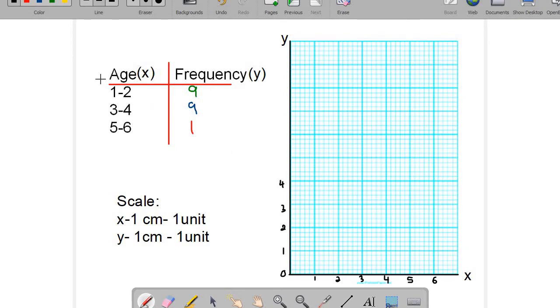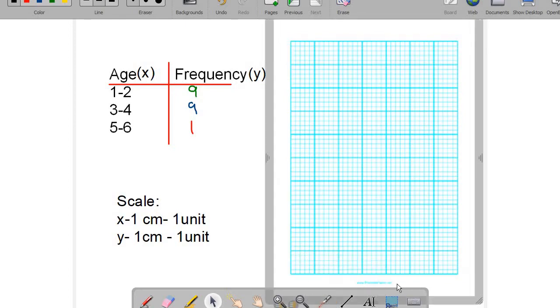I know that all of these values can be found on my mistake here. Your x-axis should have the classes or boundaries. What I meant to put on the x-axis was the class or interval. So the first interval would be 1 to 2.